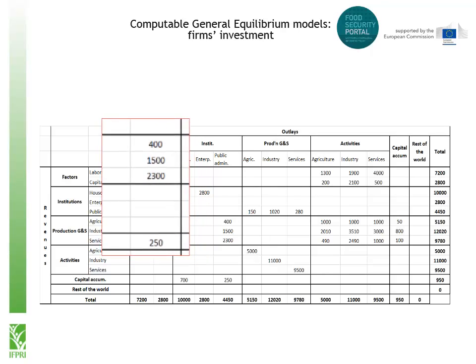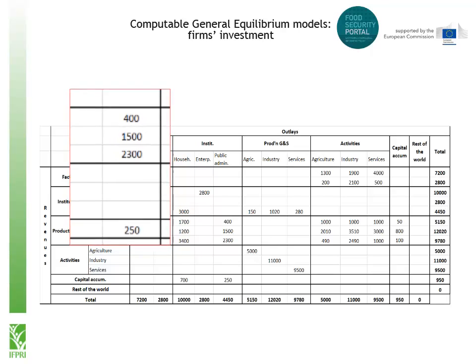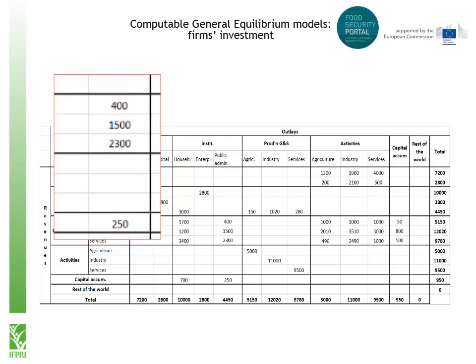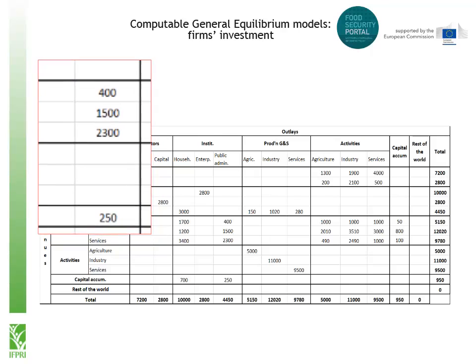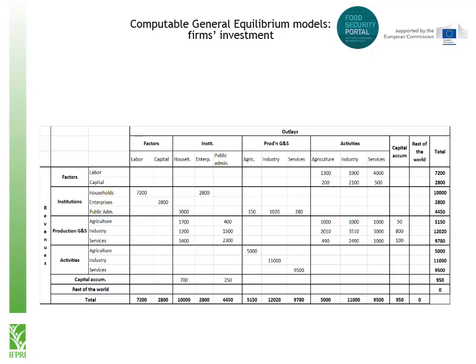But this level of expenses is less than the level of taxes collected by the public administration. So it means that there is a public surplus of 250. And so you've got net private savings of 700 by the private sector and net public saving of 250. And so you have a total capacity of financing of 950.